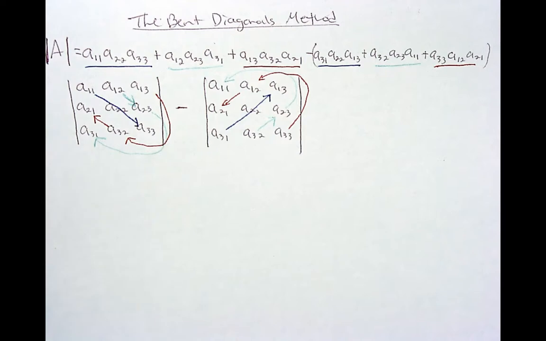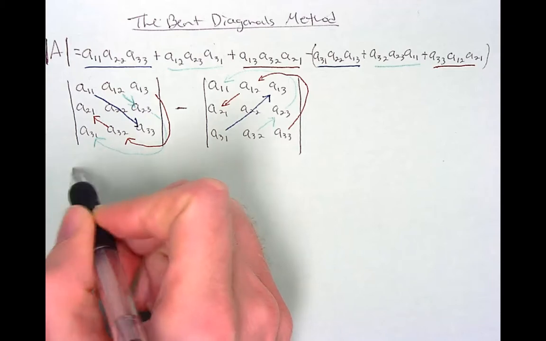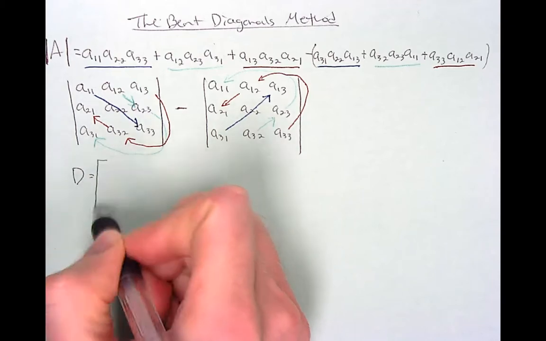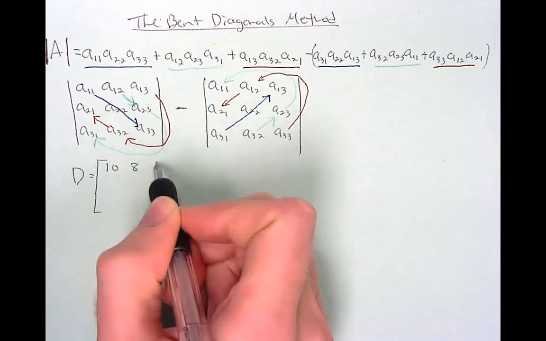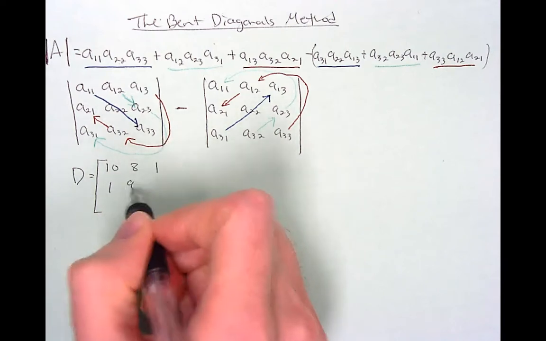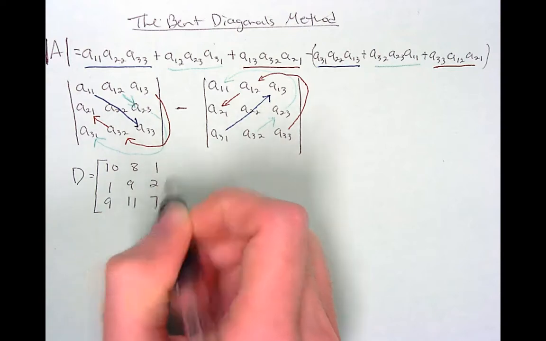So let's try to use this on an actual matrix. Let's have a matrix D. And say D is equal to the values 10, 8, 1, 1, 9, 2, and 9, 11, 7.